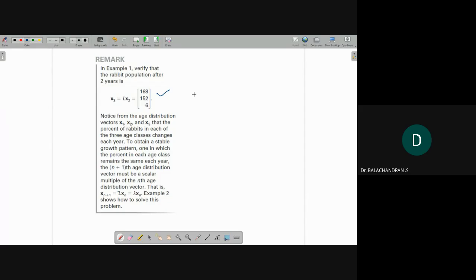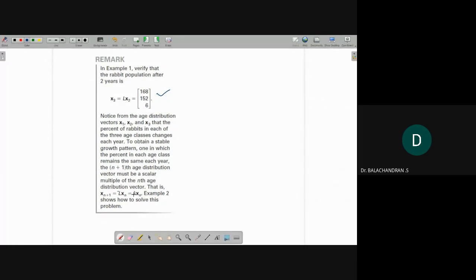We know that x(n+1) is equal to L into xn. But x(n+1) should be some scalar multiple of the nth age distribution vector, that is lambda into xn.